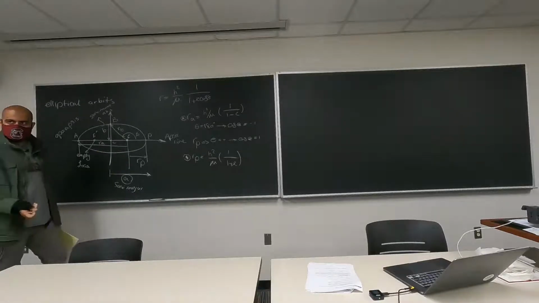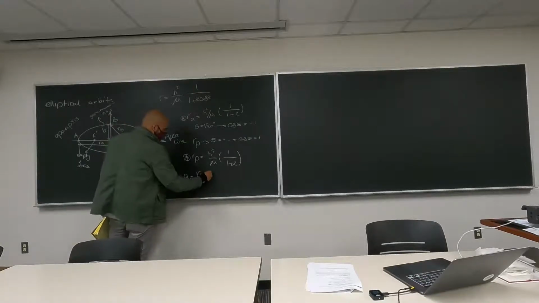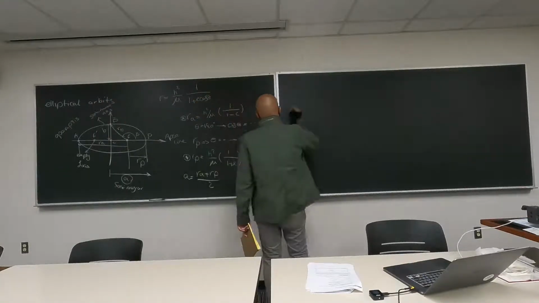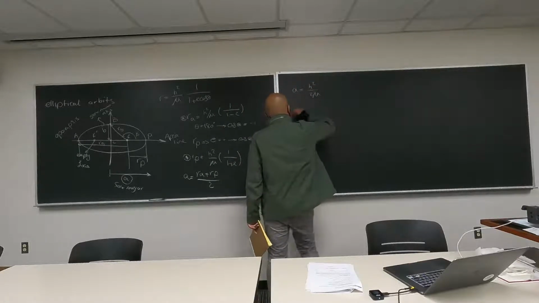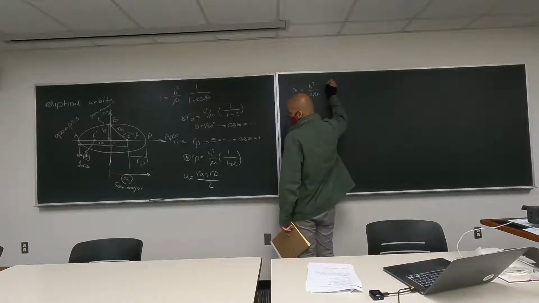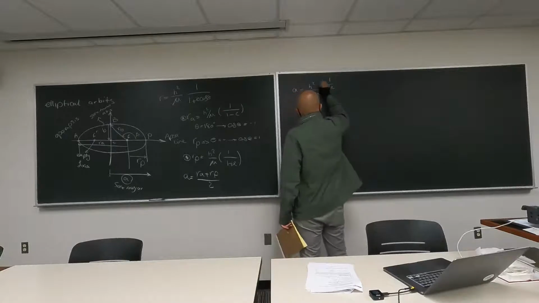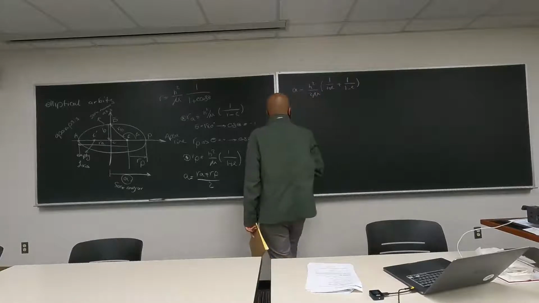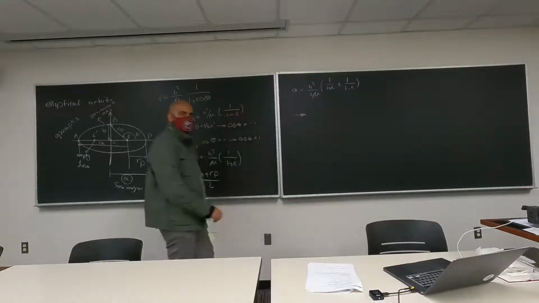That's it. So if you plug in the equations we have, you're going to get H squared divided by 2 mu, times 1 over 1 minus e plus 1 over 1 plus e. Is it clear?